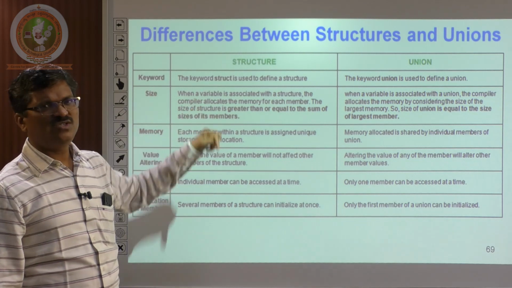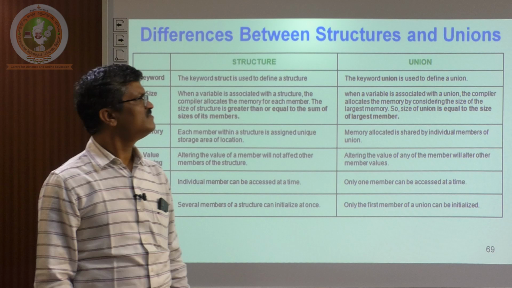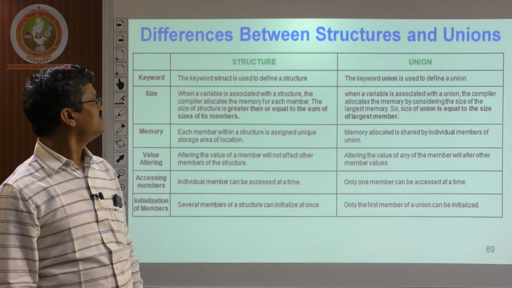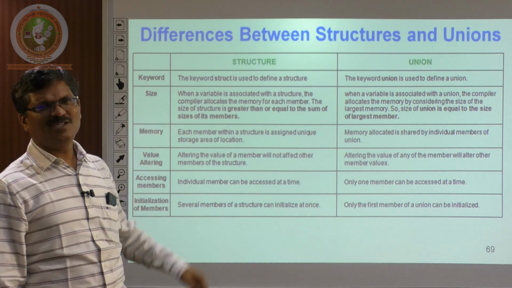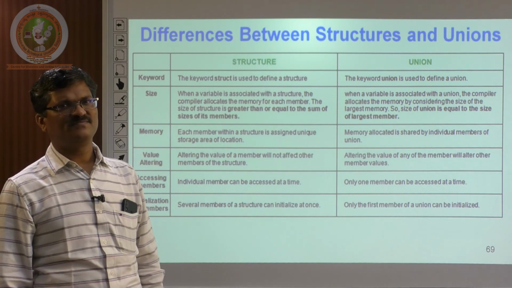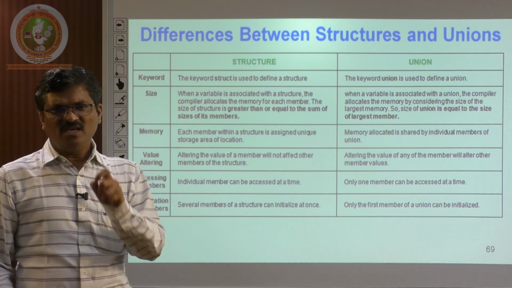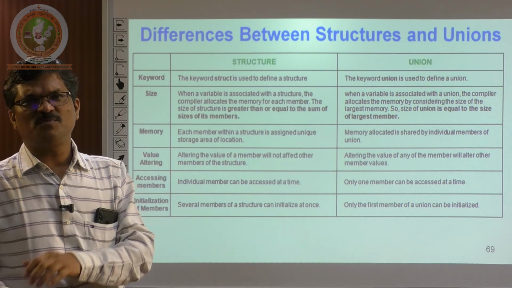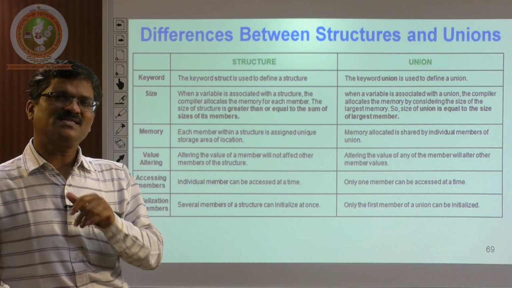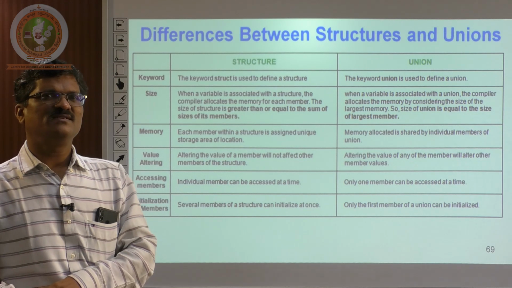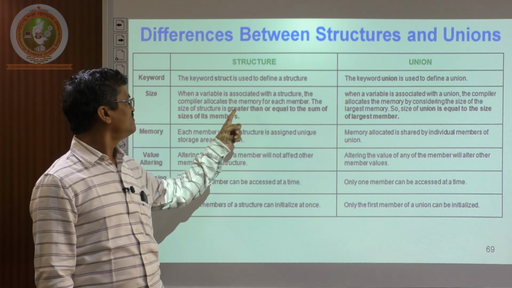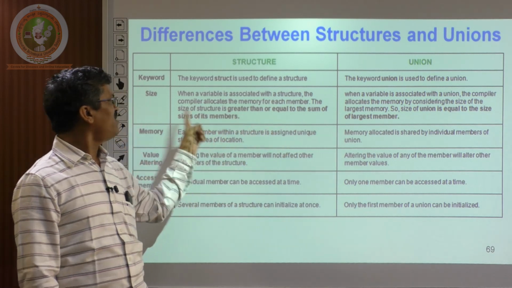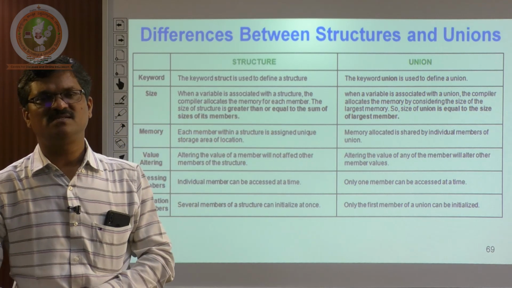So, the keyword used for the structure is struct and the keyword used with the union is union. And with respect to the size, each of the members gets a separate memory location in a structure, and hence the size of a structure will be the sum of sizes of all its members.